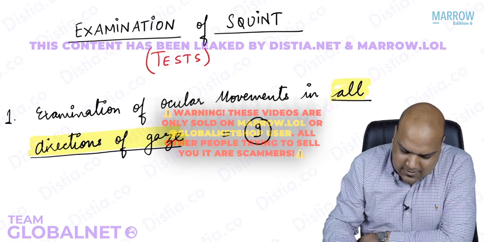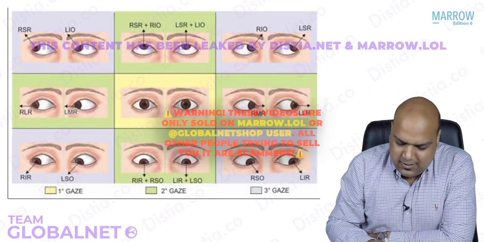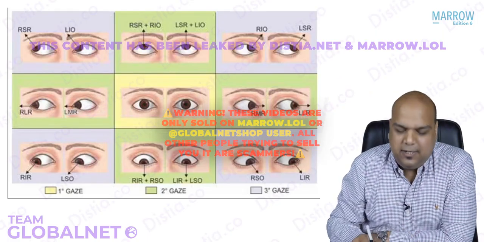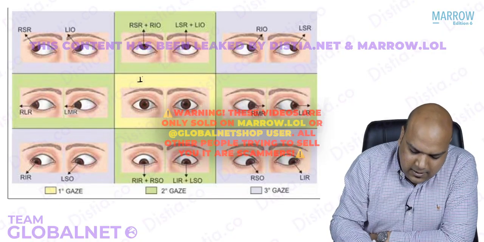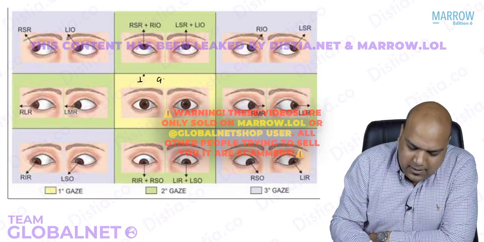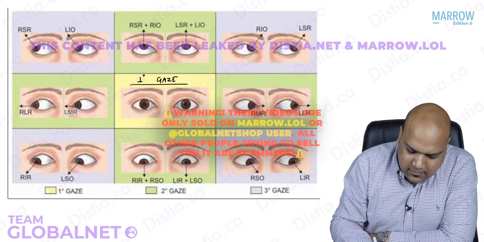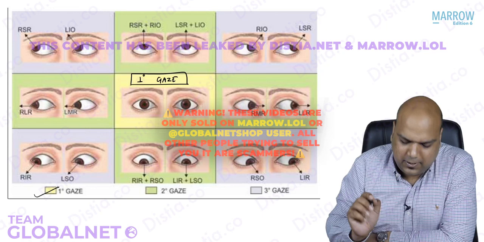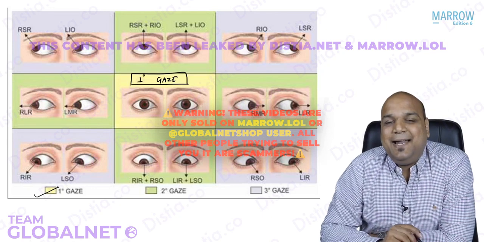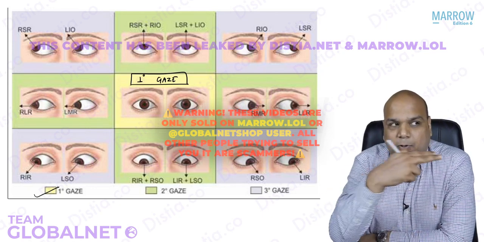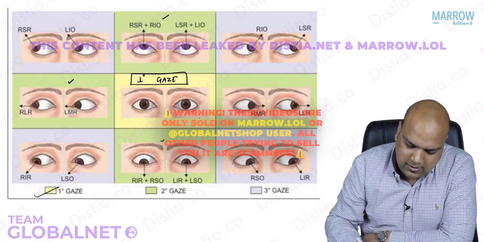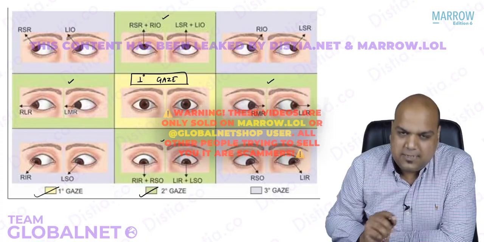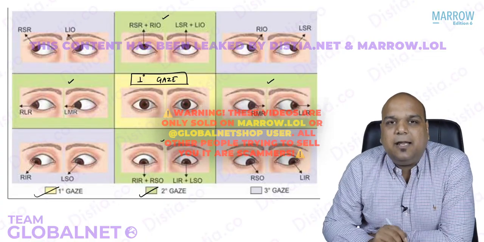So now what are the directions of gaze, everybody? I will show you this image and then I will tell you. You can see 9 squares being made here. So when both my eyes are looking absolutely straight, everybody, I call it primary gaze. Okay. So the yellow box is the primary gaze. Now the plus sign, direct up, direct down, total left, total right, everybody. The green boxes, 1, 2, 3, and 4. These are green colored secondary gazes.